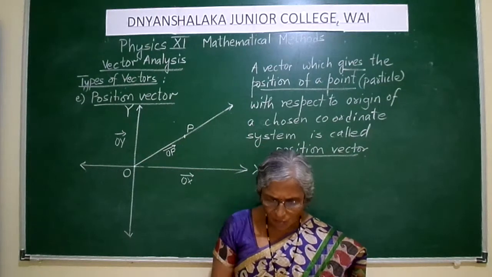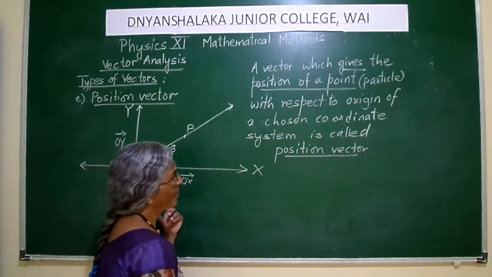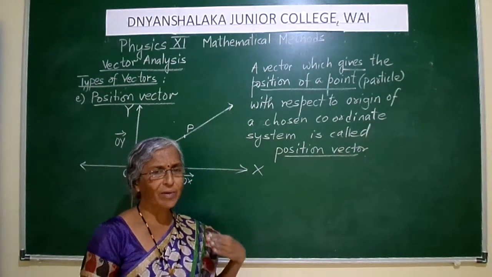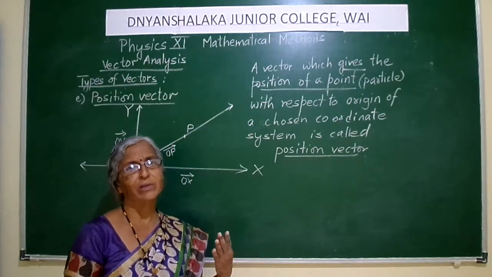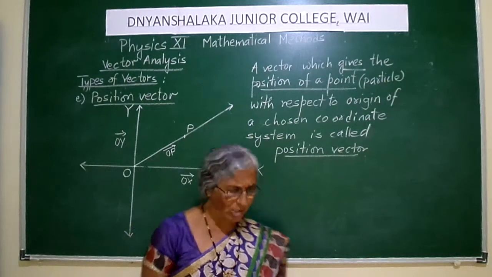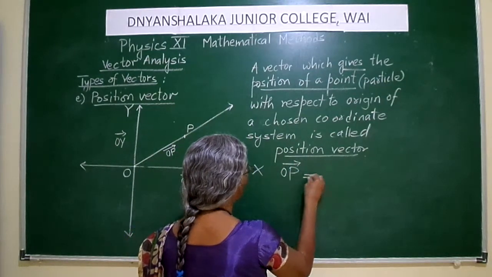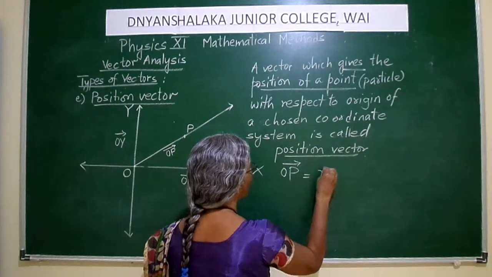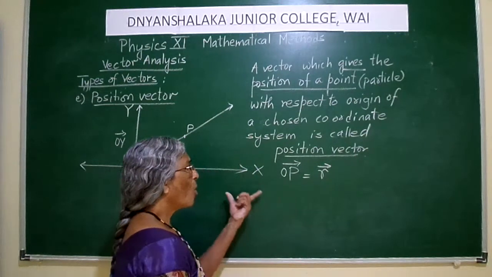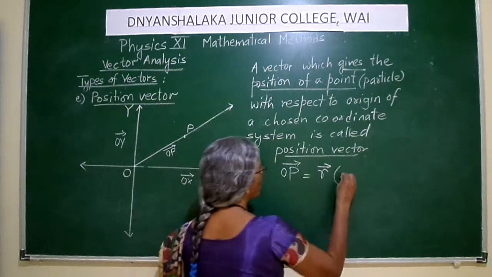Okay. Now, here this position vector generally will be denoted in small case. In fact, when I give the position vectors, the denotation of a position vector will be in small case. So I can write here, position vector OP is equal to vector R. Okay, so for the vector OP, vector R becomes what?